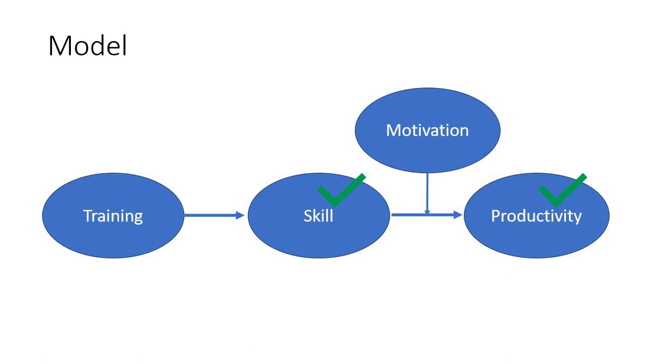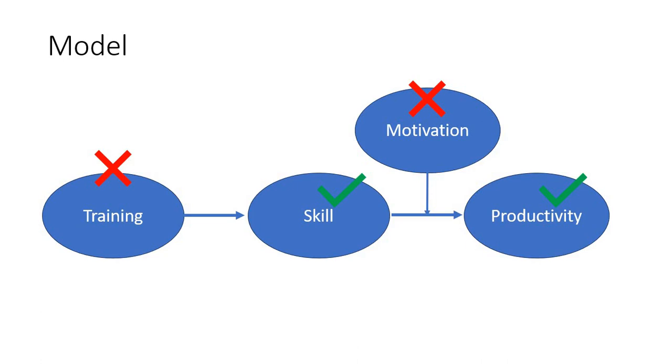Skill is being influenced by training, productivity is being influenced by skill, and then productivity is being indirectly influenced by motivation. But training and motivation are not being influenced by any other variable within our framework or within our model.